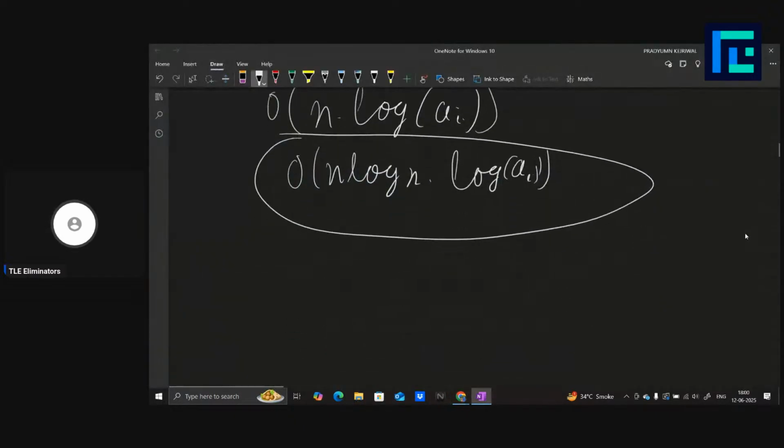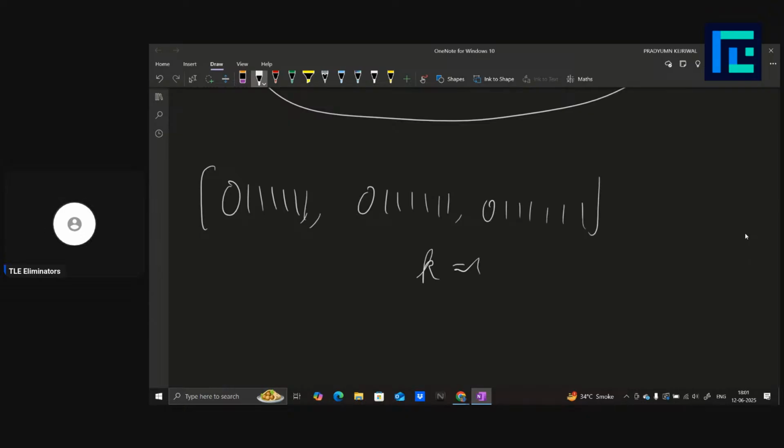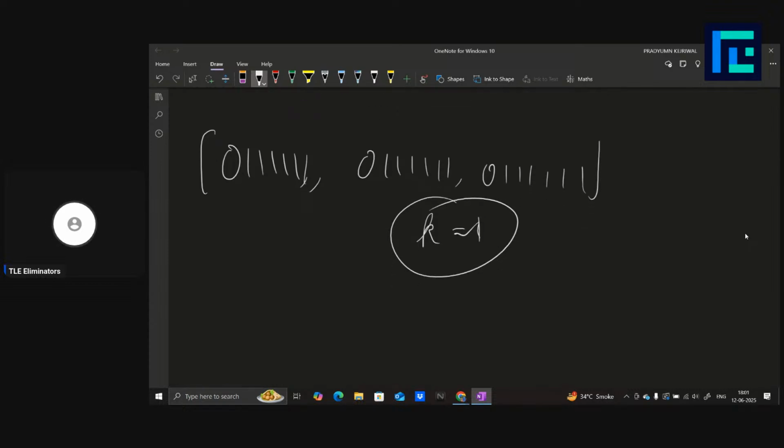No, I don't think it's n log k. For example, if we have a test case like this: 0, 1, 1, 1, 1, 1, then again 0, 1, 1, 1, 1, 1, 1, and let's say our k is equal to 1. Then you are saying that yours is n into log k, but actually it will depend on how many ones are there.